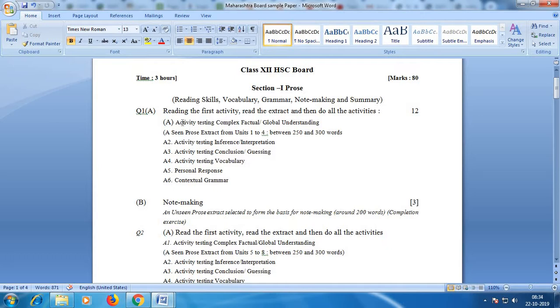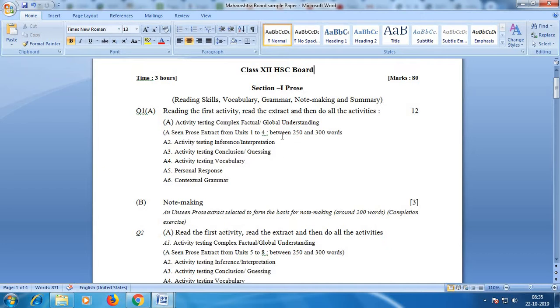The first question, the first activity: read the extract and then do all the activities. So this is the first question. You are given a passage and then they test global understanding, complex factual understanding.